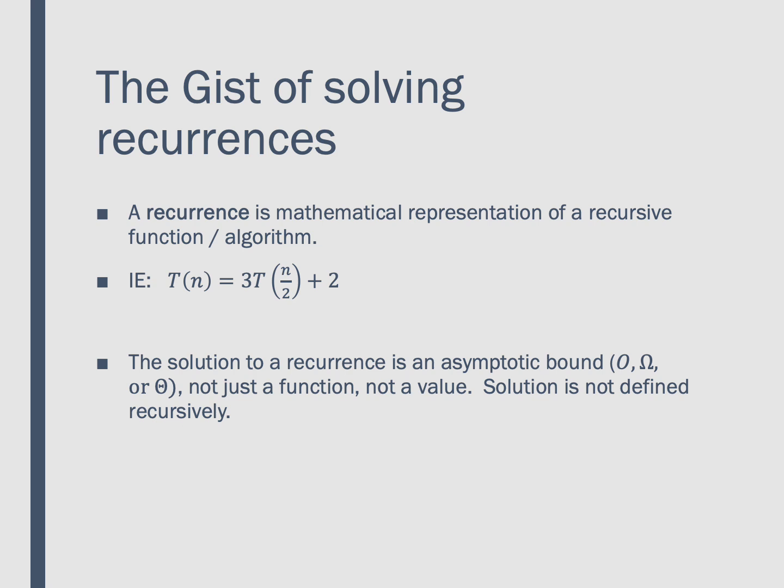So the solution is not a specific function like T(n) equal to 7n^2 + 1 + 5, but instead we are looking for the rate of growth or behavior of the function as n goes to infinity, such as T(n) equal to n log n or T(n) equal to n^2. Why is it important?